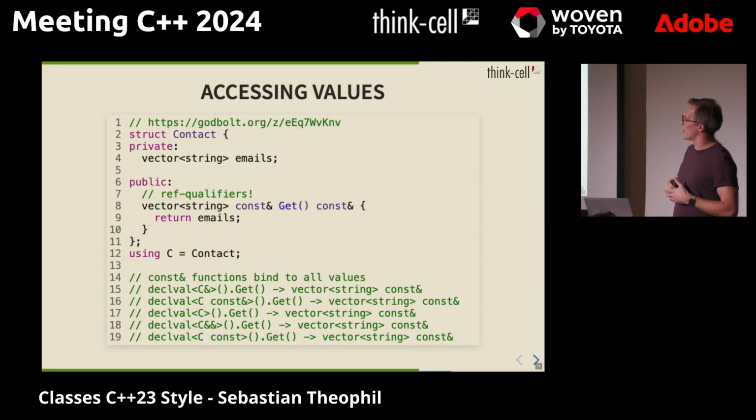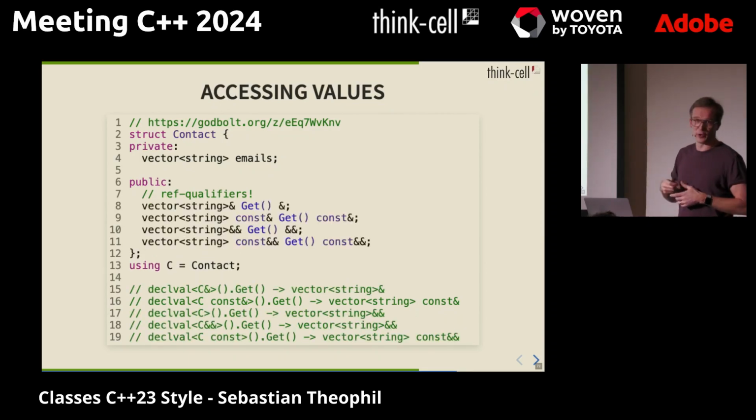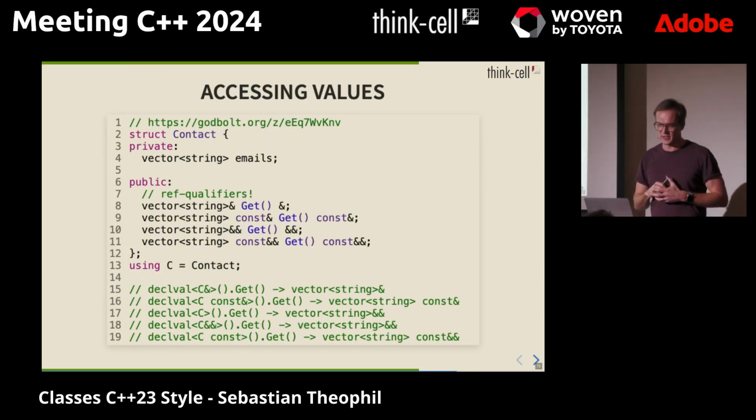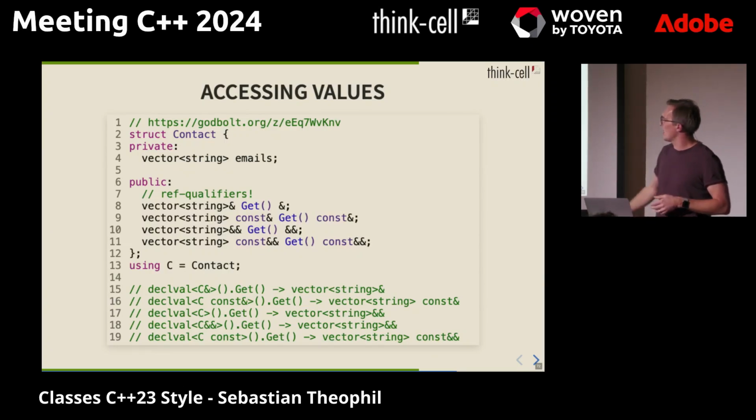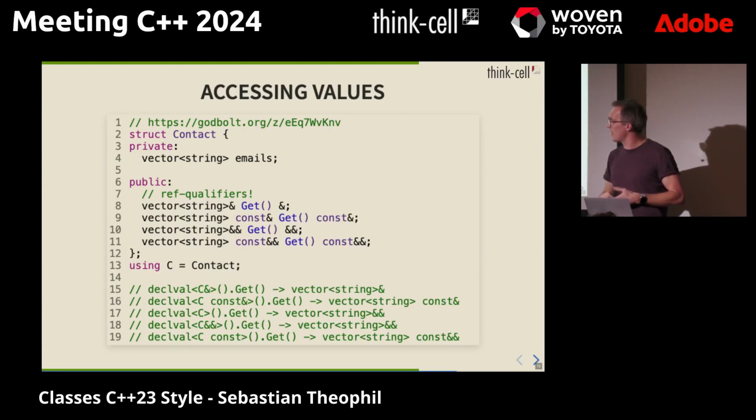But what ref qualifiers were good for, and that's why they were the first part of the solution, is that we could overload on them. And of course, we had to overload on all of them to get this correct. So instead of writing a simple accessor, you had to write all of them, and then you would get the correct behavior again.